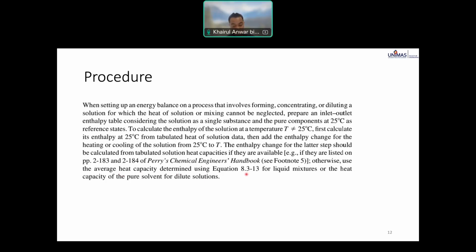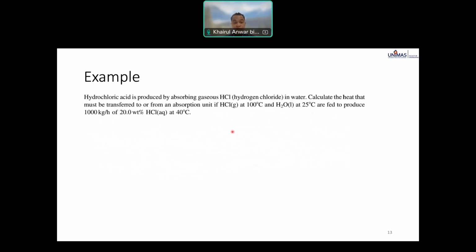For equation 8.3-13, you may refer to page 419. It's for the Cp of a mixture.